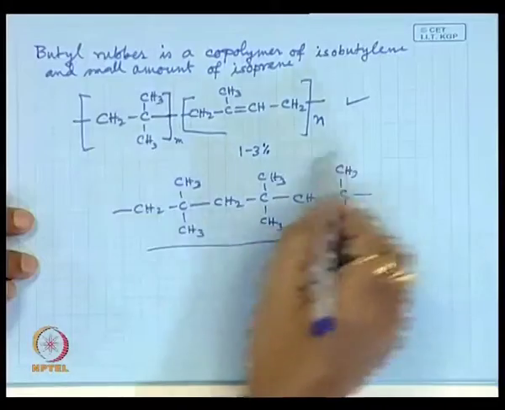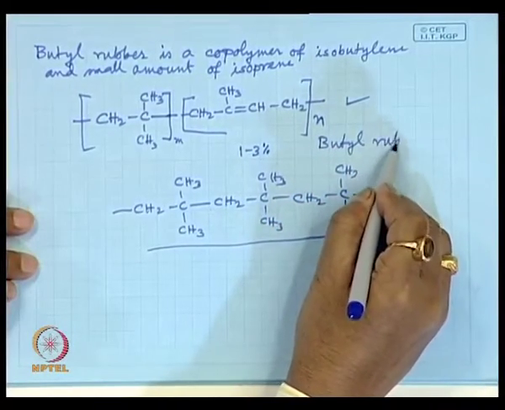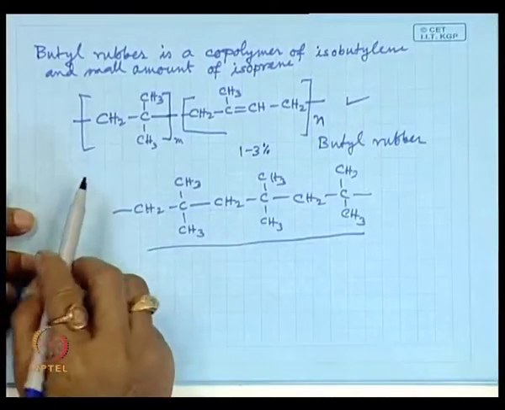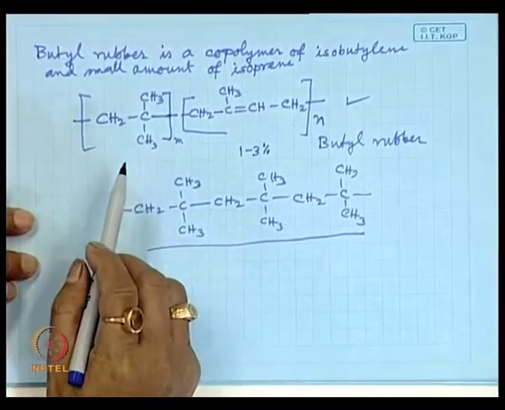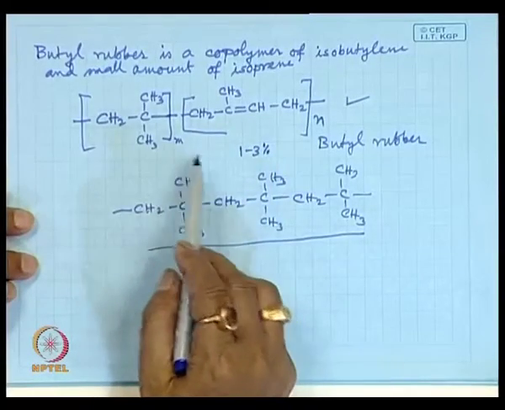Every day you would have to fill the wheel with air, which is not economic or convenient. So, for that a polymer is used whose air permeability is very low, and this is known as butyl rubber. This butyl rubber is a copolymer of isobutylene and isoprene.